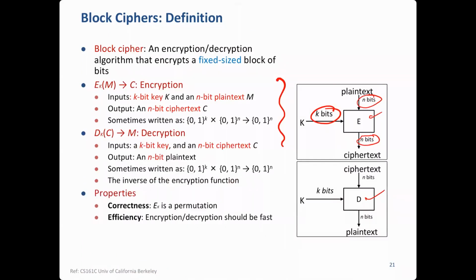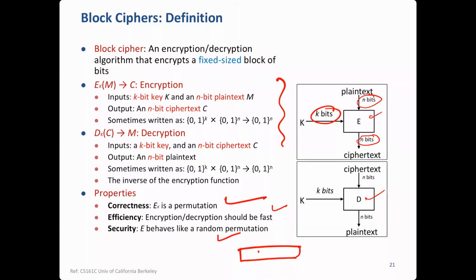Okay, so three properties are required: correctness, efficiency, and security. Correctness means that given a message M, when we encrypt it, it goes over the channel, and we decrypt it later on, we get the original message back.